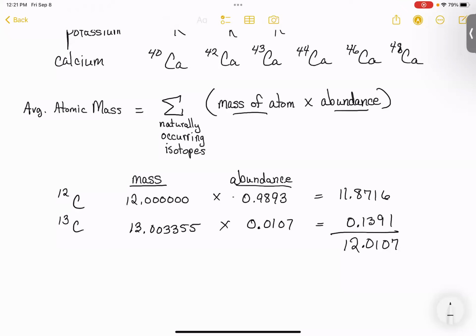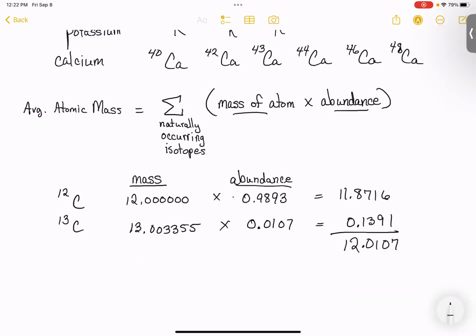Basically, when we run this through the instrument, nothing happens. And then all of a sudden we'll get a spike at 12, and then nothing happens. And then we'll get a spike that's right past 13.